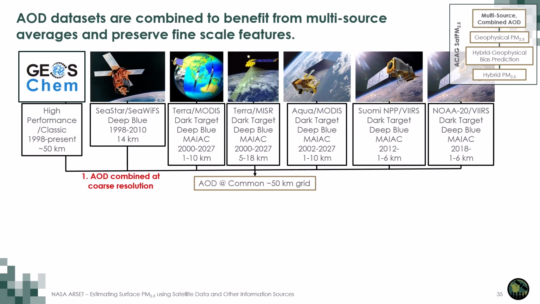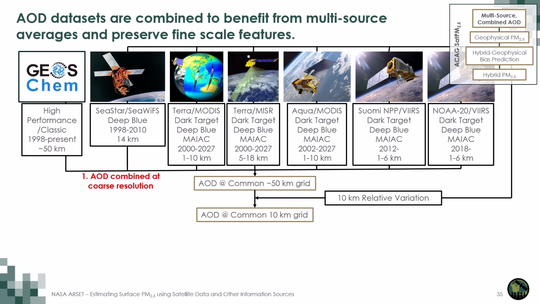One option to combine all these sources would be to simply interpolate each source down to the finest 1 kilometer resolution and combine, but this runs the risk of washing out fine-scale features when relatively coarse AOD sources are weighted against truly fine ones. To address this possibility, we combine these datasets in a tiered fashion, first averaging all datasets onto the coarsest 50-kilometer grid. We then apply the 10-kilometer relative variation in AOD within that 50-kilometer grid according to the satellite-based sources.